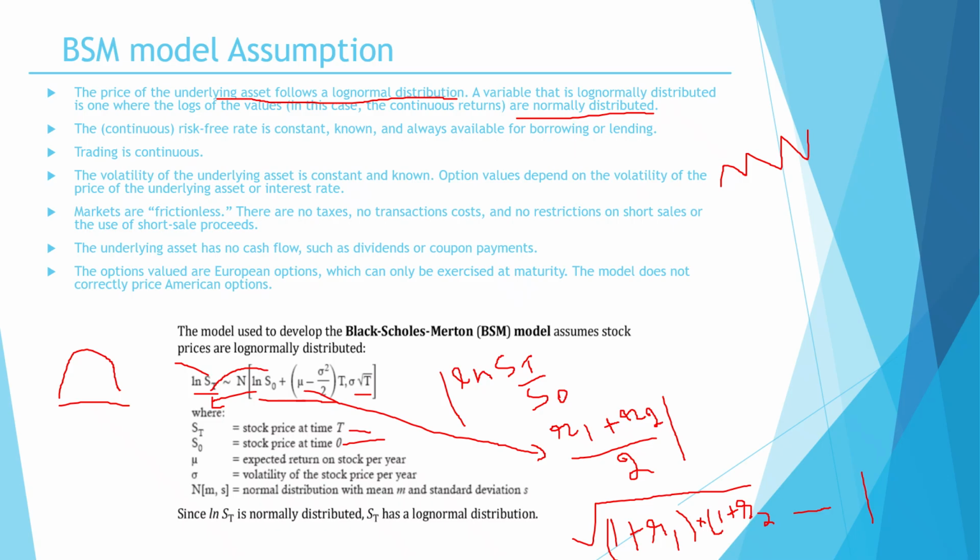Another assumption is that the underlying asset has no cash flow, such as a dividend or a coupon payment. For example, if the underlying asset of an option is a bond, it assumes there are no coupon payments, and if it is a stock, it assumes no dividends are distributed.